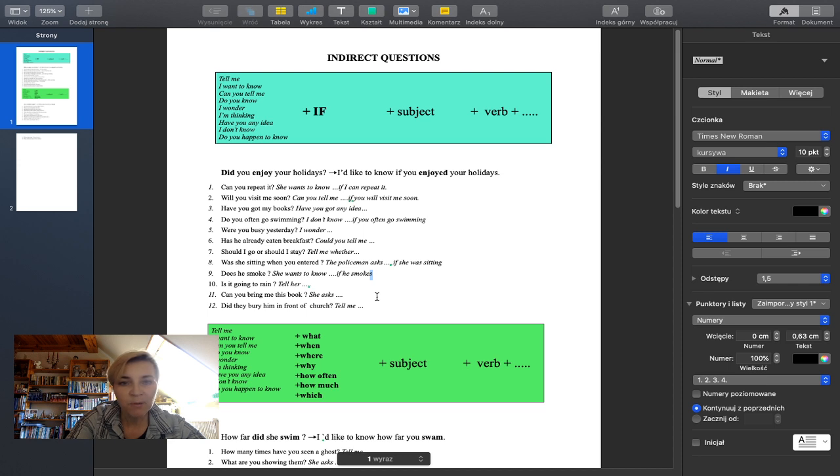So now let's move on to the last example from that group. Did they bury him in front of church? Tell me, of course, if. And I'm waiting for your answers.